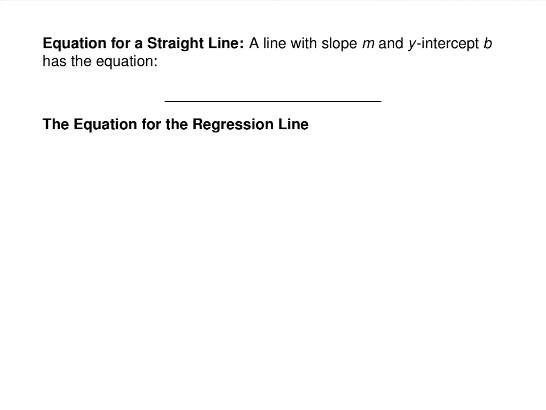Hopefully from a previous math class like Algebra 1, you remember the equation for a straight line. A line with slope m and y-intercept b has the equation y equals mx plus b. Now, just to be a little bit different, for a regression line we usually use y with a little hat on top, read y hat.